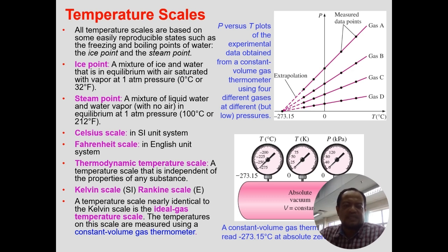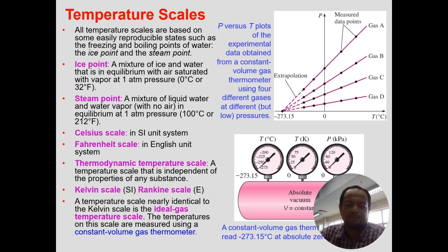The Celsius scale is the temperature scale in the SI unit system, and the Fahrenheit scale is the temperature scale in the English unit system. The thermodynamic temperature scale is a temperature scale that is independent of the property of any substance.